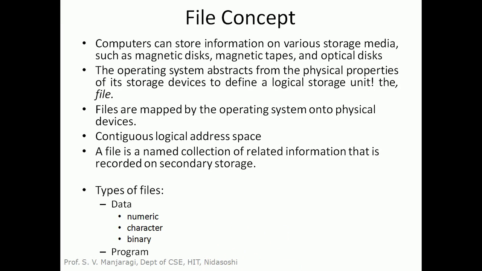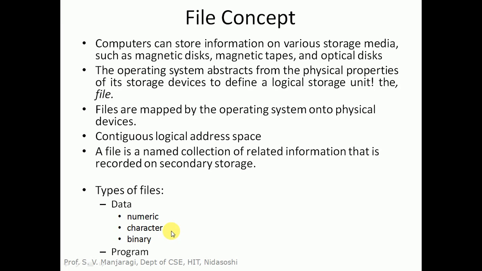A file is a named collection of related information that is recorded or stored in secondary storage devices like the hard disk. There are different types of files. A file can be a data file or a program file. A data file holds different types of data. It might contain numeric values, or it may contain character data.